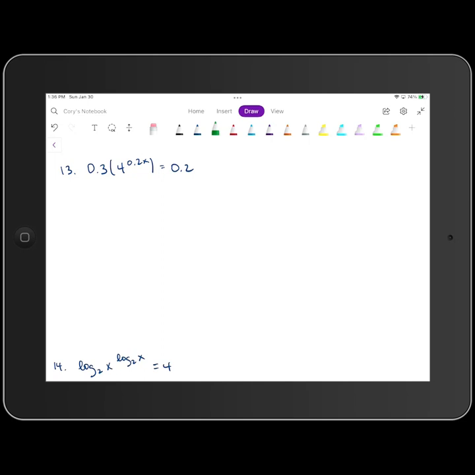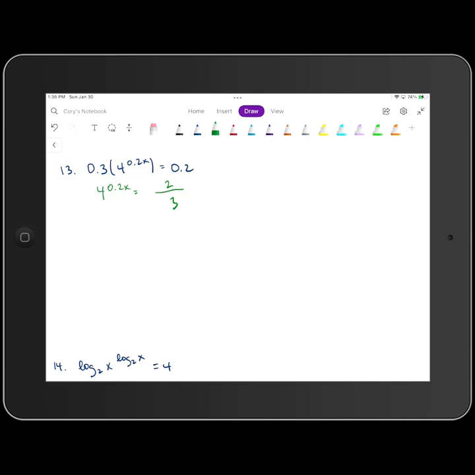So to do that, I can divide both sides by 0.3. And then if I want to make the math as easy as possible, 0.2 divided by 0.3, if I multiply the numerator and denominator of the right-hand side by 10, that gives me 2/3. And I think that makes the equation a little bit easier to deal with.